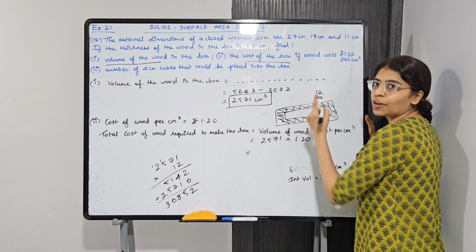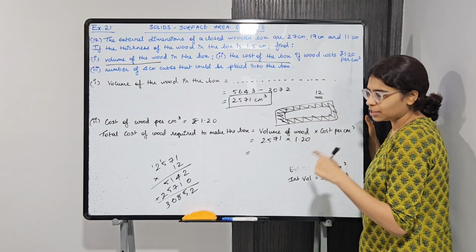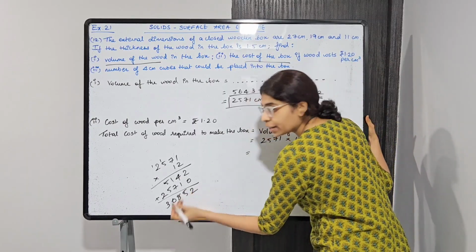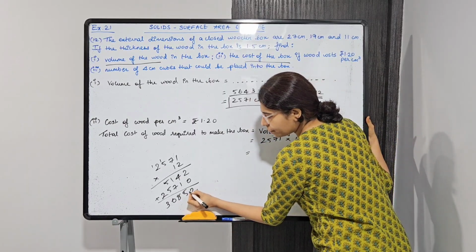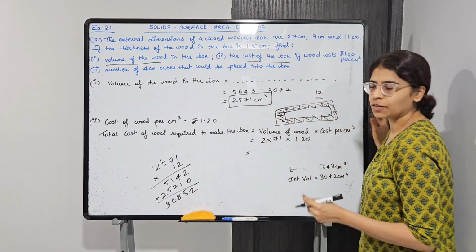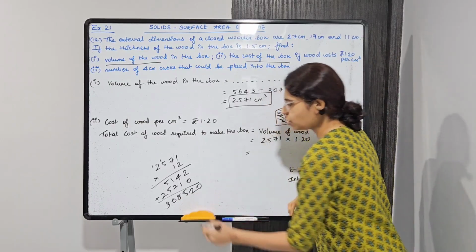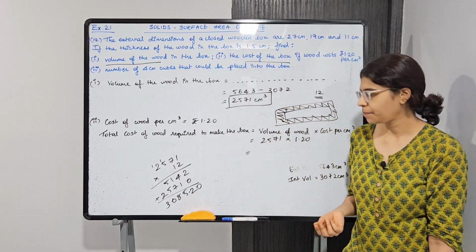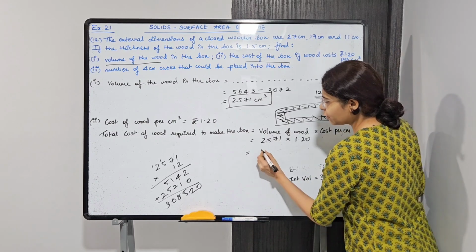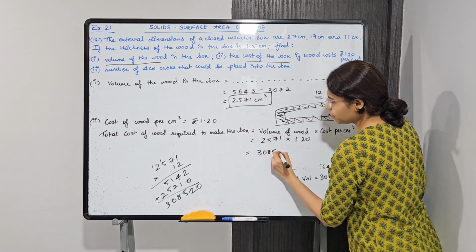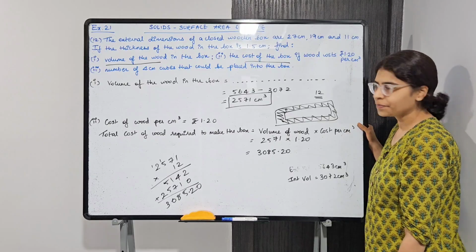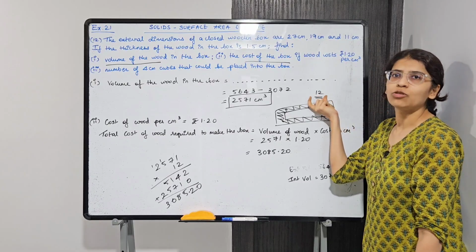12 नहीं था, 1.20 था, right? So 1.20, 3085.20 हो जाएगा, right? So 3085.20, right? We did not consider the 0 over here, students.